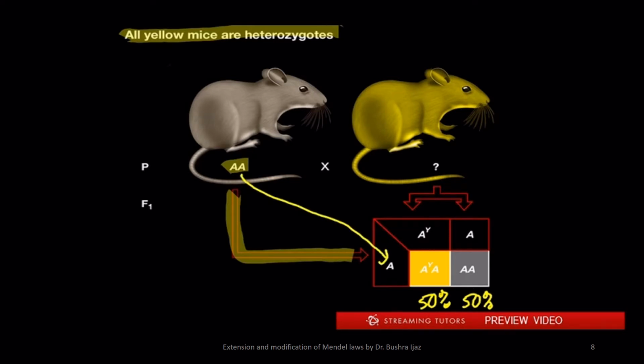So what that means is the other parent would have to be contributing the big AY half of the time, and big A the other half of the time. So every yellow mouse that was in existence, when they crossed it like this, they always got the 50-50 ratio, which implies strongly that the yellow mouse is in fact heterozygous for this AY mutation and the regular agouti allele.